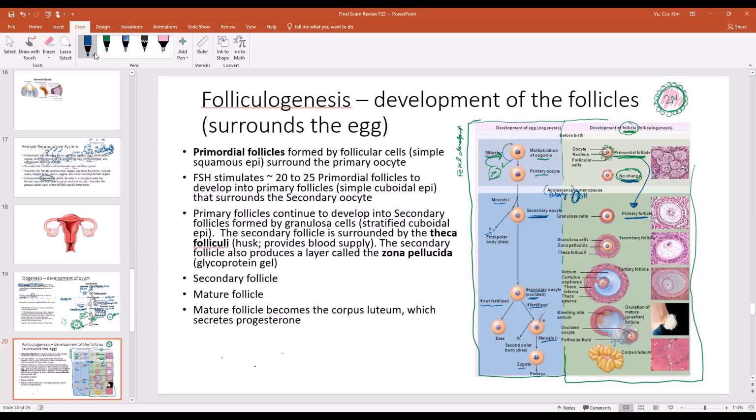Maybe if she hears it from someone else, it'll make more sense. Because the primordial follicle is before puberty, and your secondary is after puberty. No, you were right. It's after puberty. Does that make sense? Yeah, that makes more sense. Thank you. You see that?